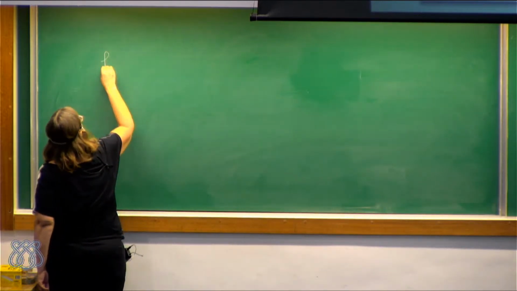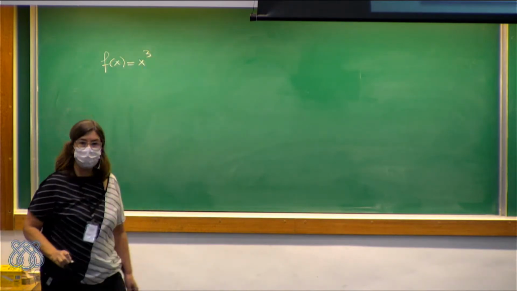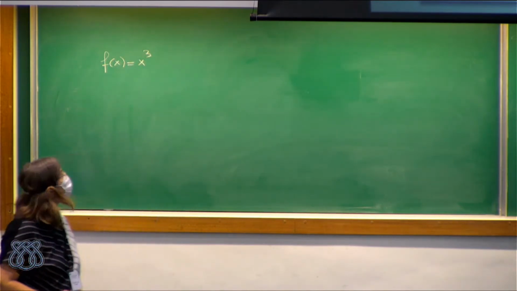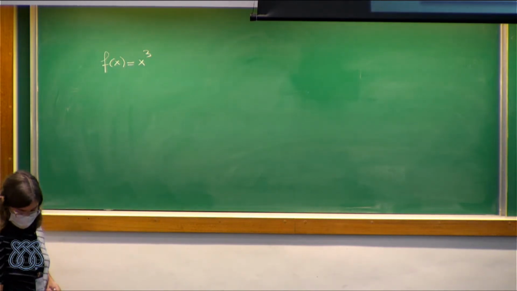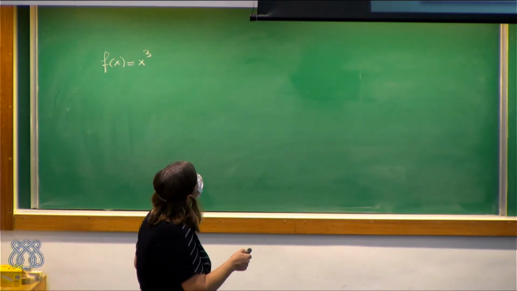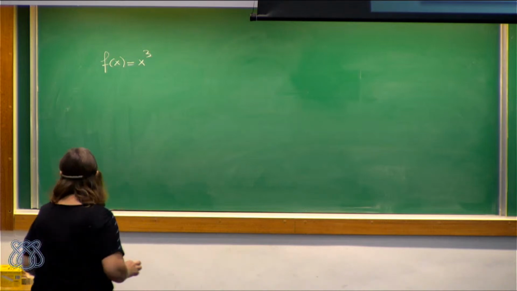So let's start with this germ from K to K, okay? Then we have this normal space. Let's calculate it.